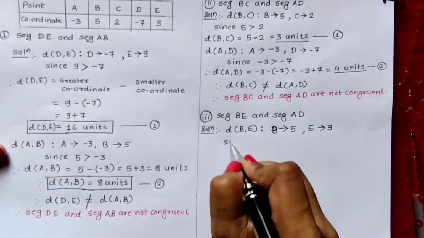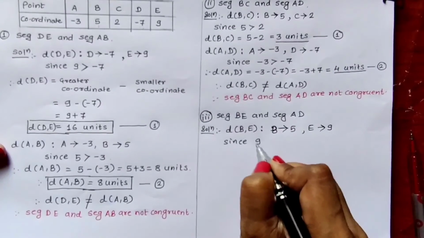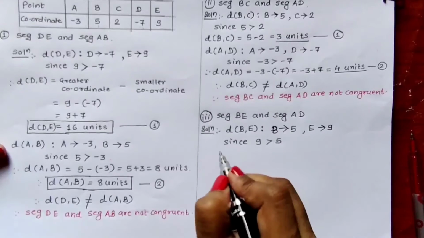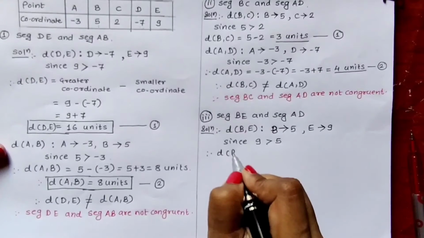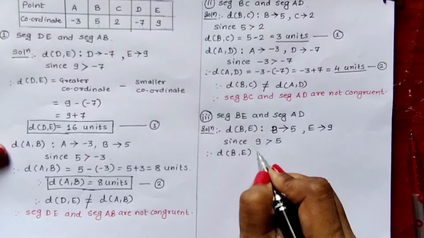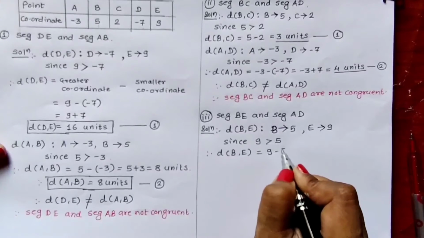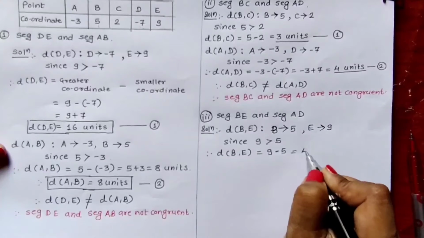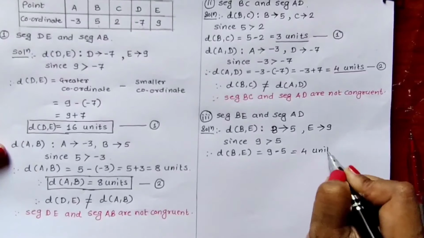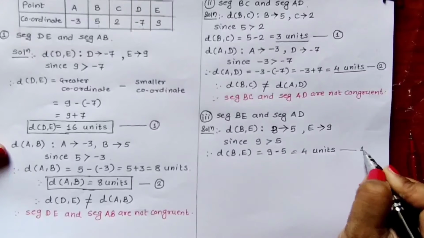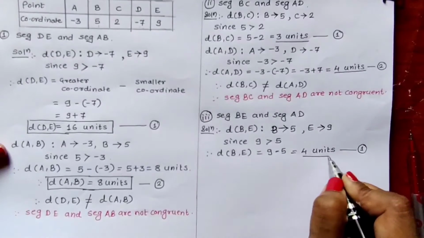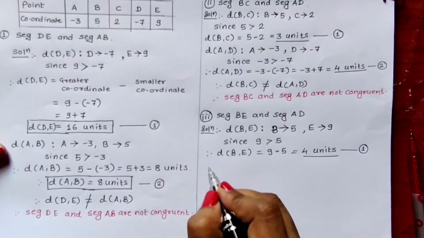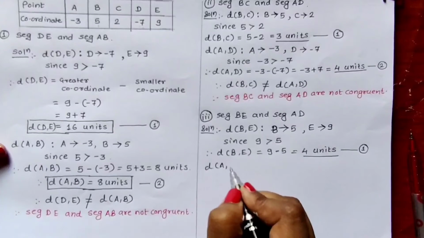Since 9 is greater than 5, distance BE will be equal to greater coordinate minus smaller coordinate. Greater one is 9 minus 5 is equal to 4 units. This will be our equation number 1. Answer is 4 units.